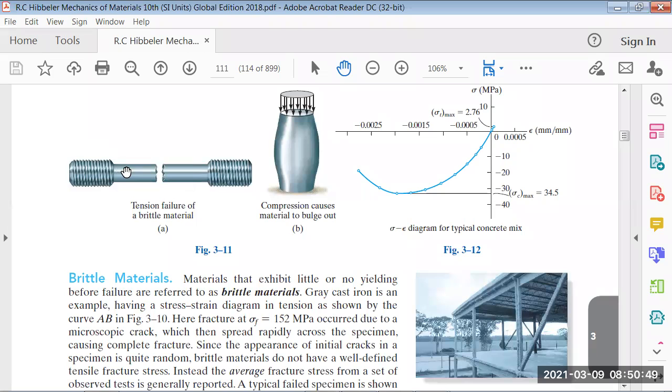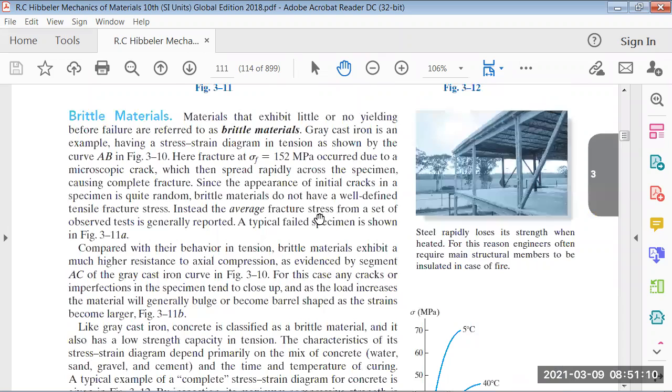This is how a brittle material would fail, unlike the ductile one. So you have to explain what is brittle, what is ductile, not mathematically, but as an engineer. Of course, you have to explain it in a very professional way. That's what I want you to understand.